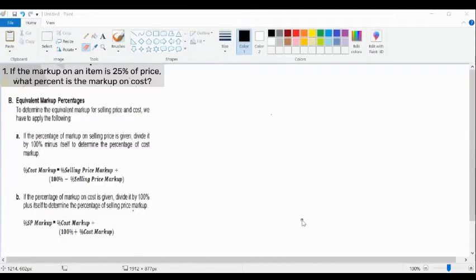Example number 1. If the markup on an item is 25% of price, what percent is the markup on cost? So based on this problem, we have the following given. The percentage of markup on the selling price, that is 25%.